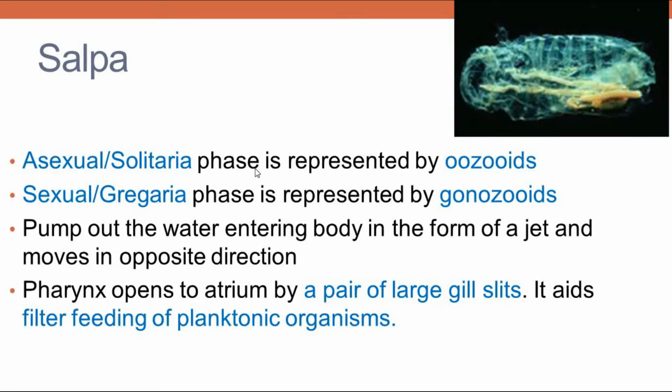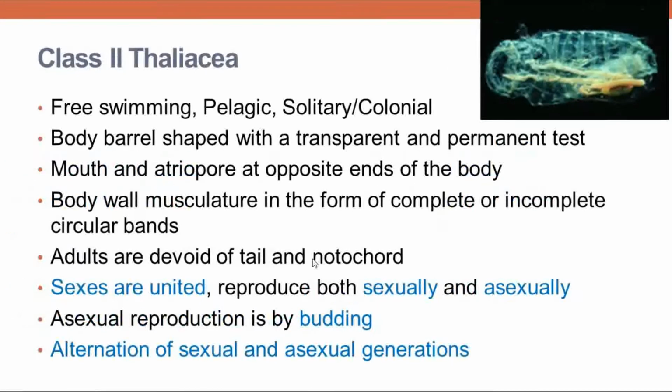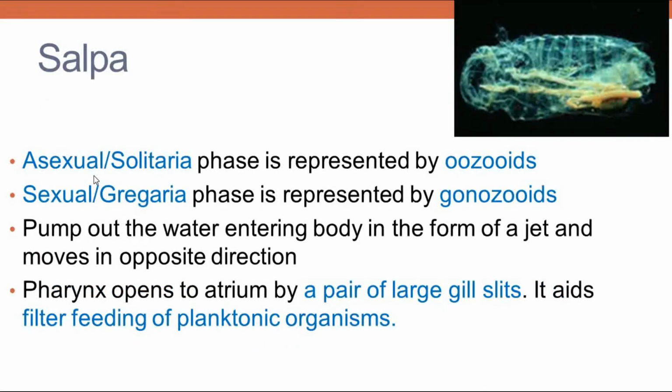The asexual or solitaria phase is represented by oozoids, and the sexual or gregaria phase is represented by gonozoids. Solitaria means single, gregaria means in group.